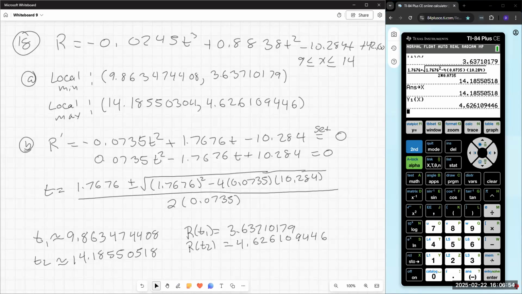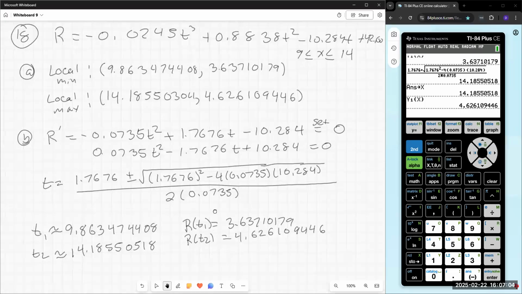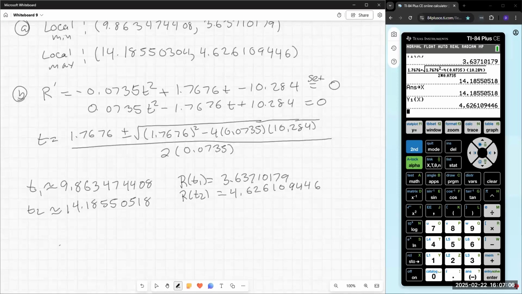So there you have it. And let's just do our first derivative test with those t values to show increasing and decreasing intervals for the revenue. So we have 9.86, and since you have the numbers up there, I'll call that T1, and I'll call this T2 on my number line.